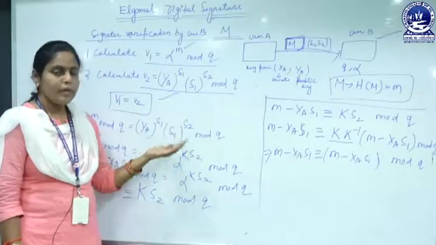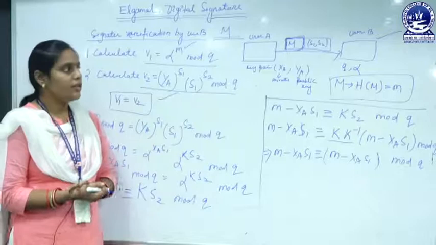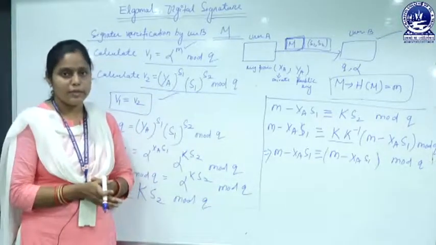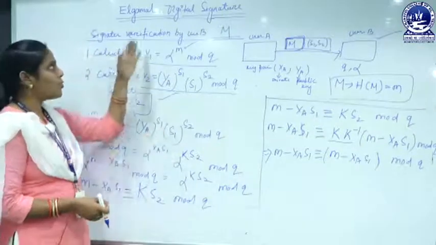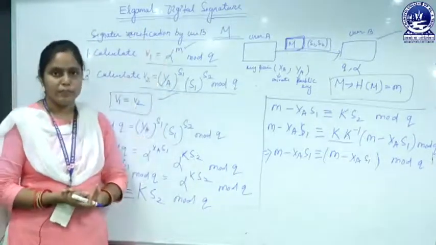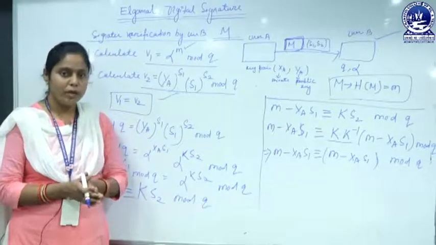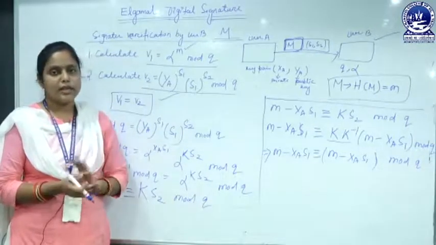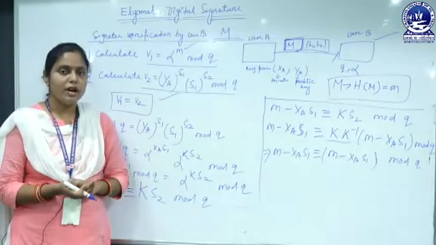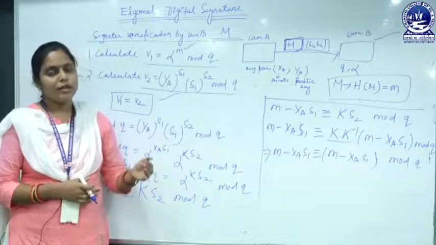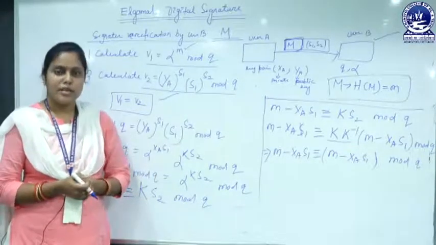After performing the verification algorithm, the user B takes this message as a valid message. This is all about the Elgamal digital signature scheme. Here you have to remember that three things are used. First, the user A generates its key pair. After that, the user A generates the signature.